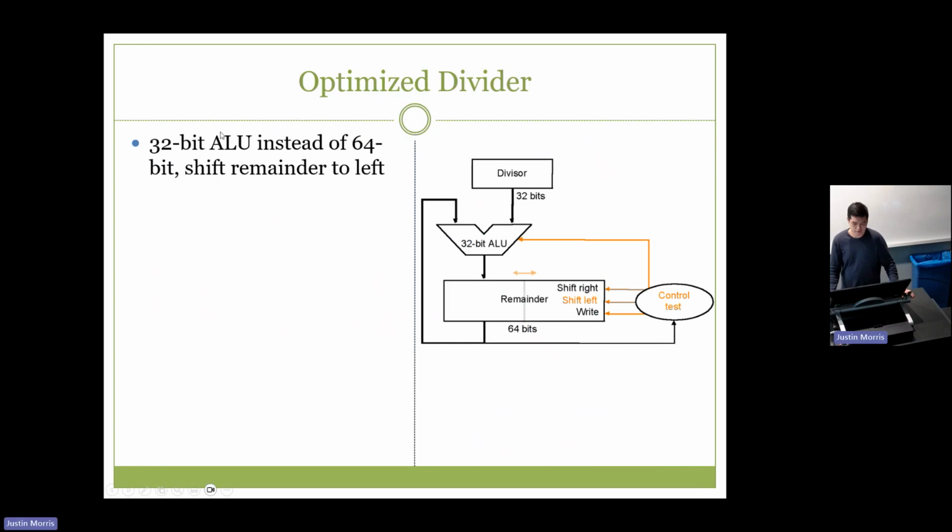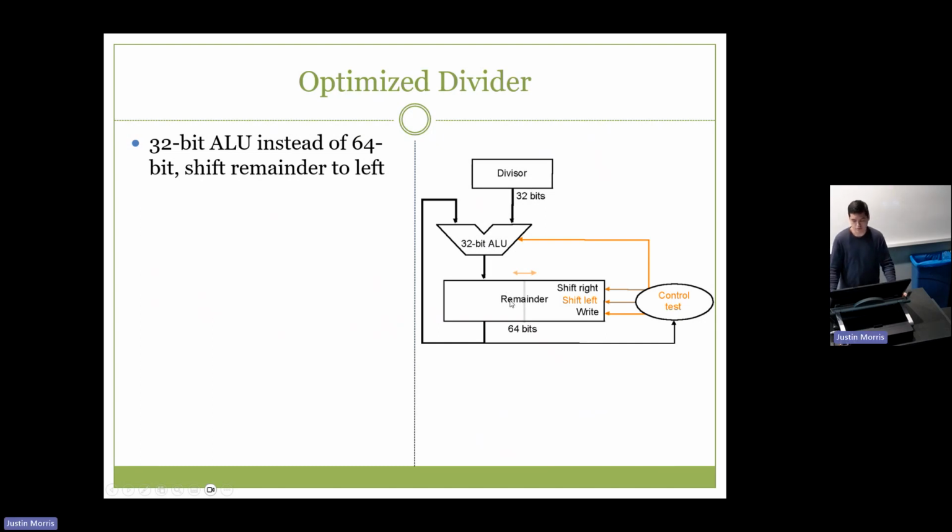So this is the optimized hardware. Again, we don't want to use a 64-bit ALU if we can do it with half as much of a resource. And same thing for our divisor, it only needs to be 32 bits.